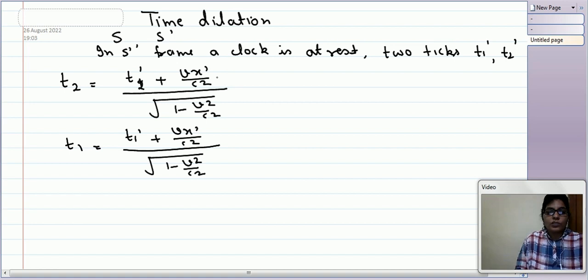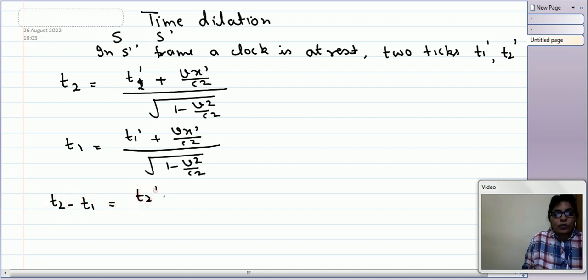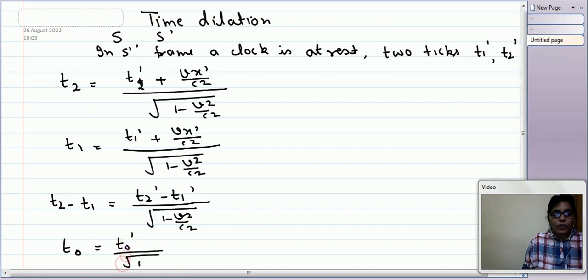The position of the clock is the same, therefore we use x dash in both equations, and therefore t2 minus t1 is equal to t2 dash minus t1 dash divided by under root 1 minus v square by c square. Or here t naught is equal to t naught dash divided by under root 1 minus v square by c square.